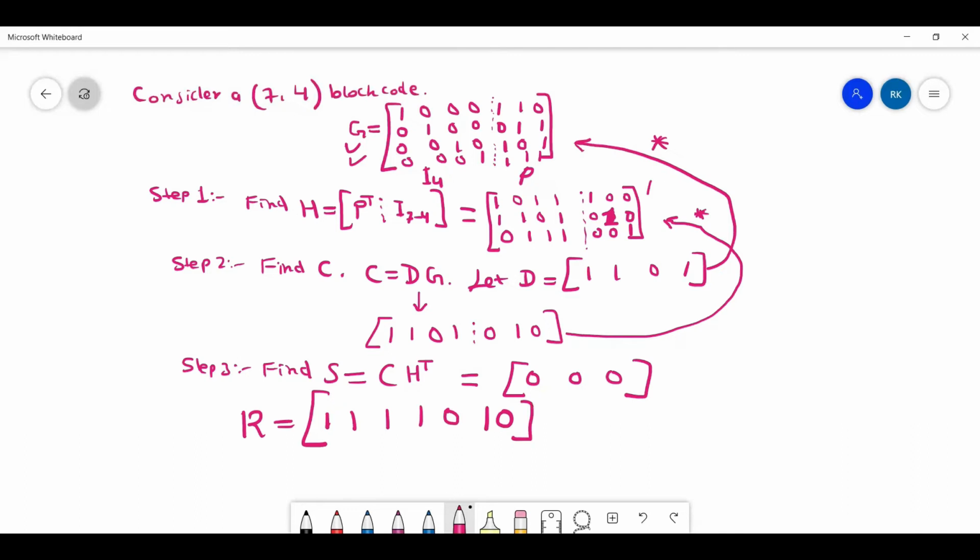And which is equal to C added with the error vector E.